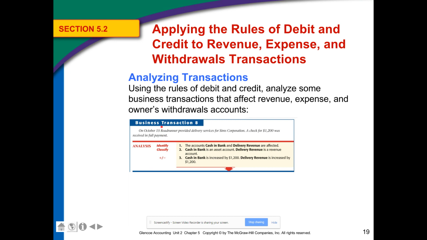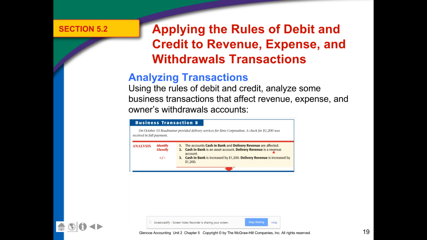Checks are the same as cash. And why did we get cash? Well, because we did a service for them. We did our business for them. So we're going to use accounts cash and bank and delivery revenue. Revenue, remember, that's the money that we get when we do our business. So cash and bank is an asset account. The delivery revenue is a revenue account.